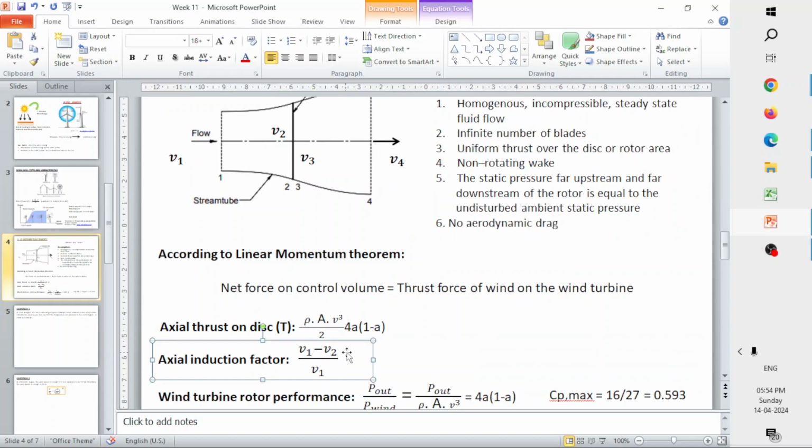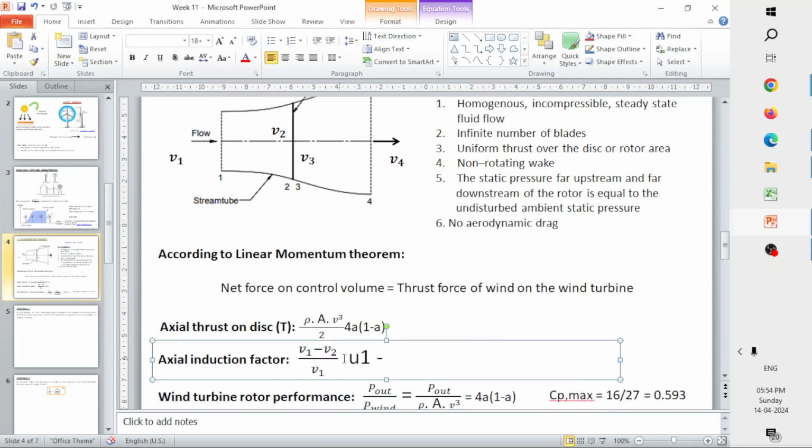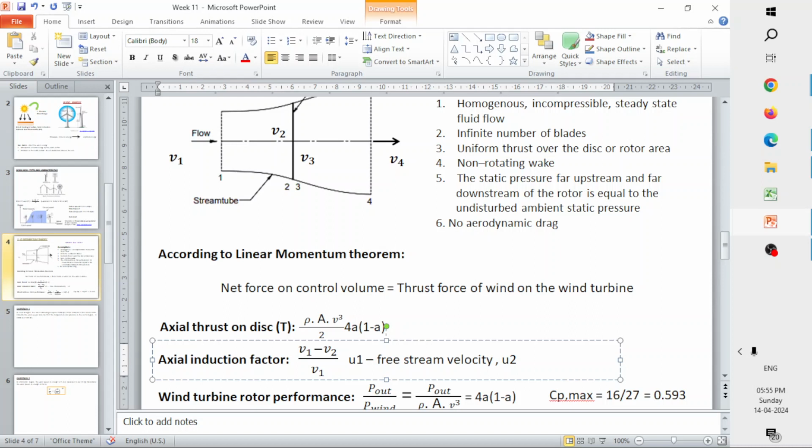V1 is your free stream velocity, and your u2 is the upstream velocity at the rotor.